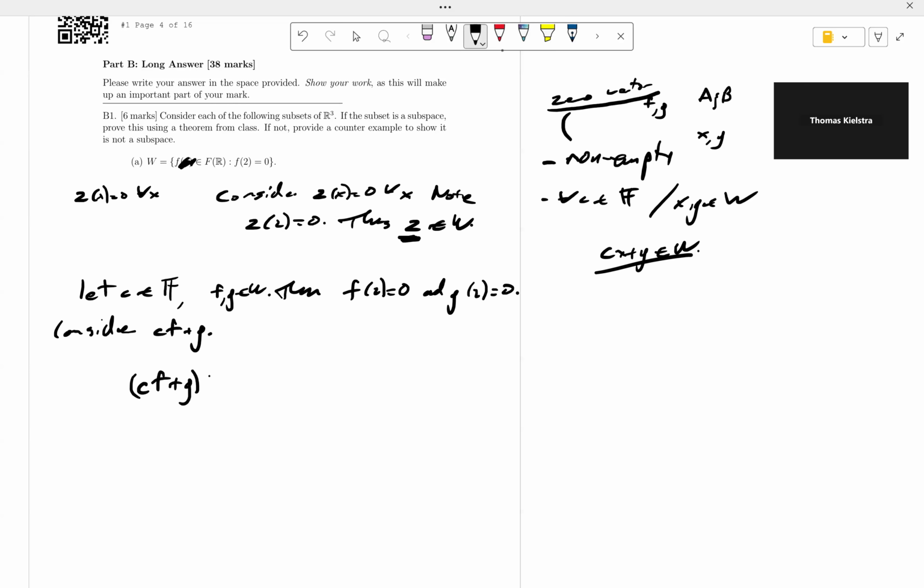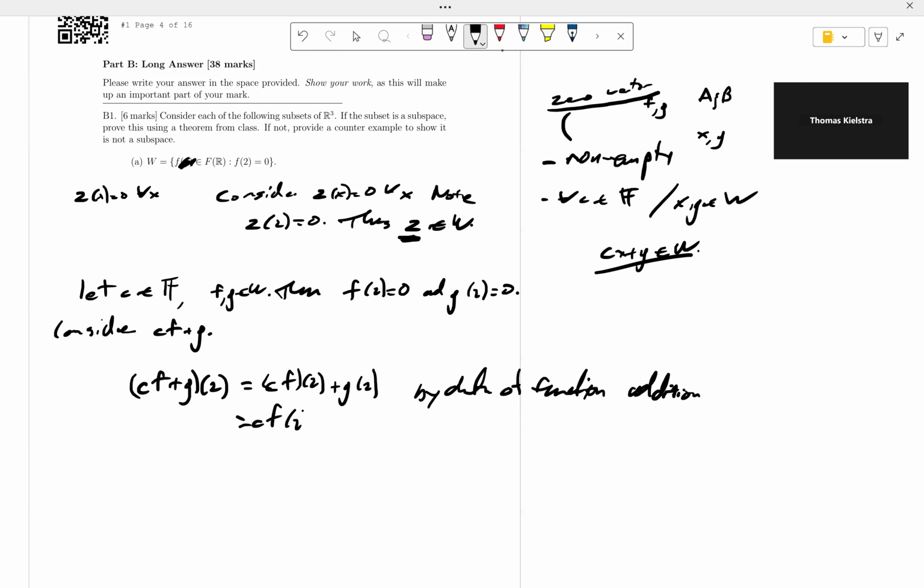So I'm going to consider what (cf plus g) of 2 equals. Well, this equals cf of 2 plus g of 2 by definition of function addition, which equals c times f of 2 plus g of 2 by definition of function scaling.